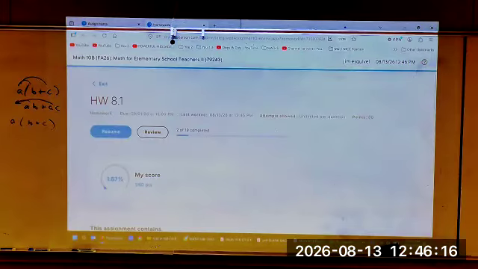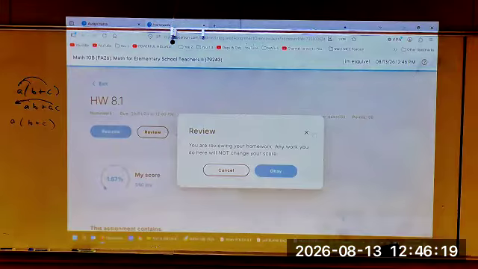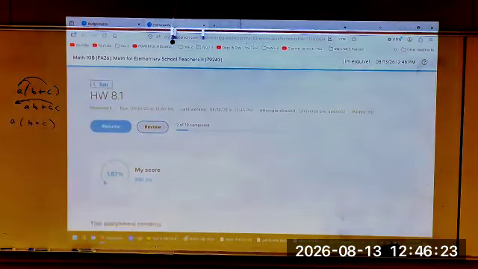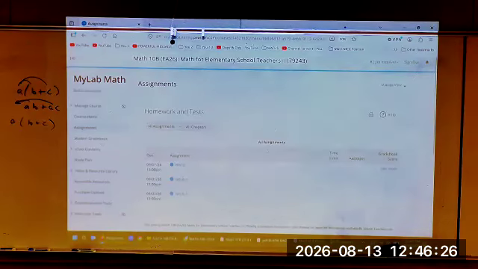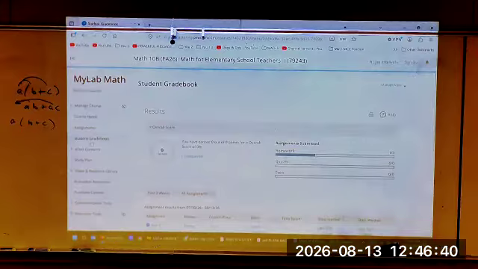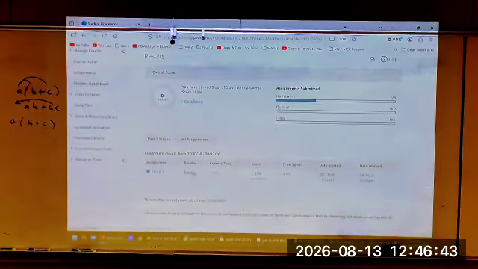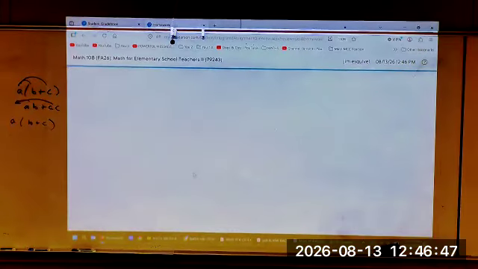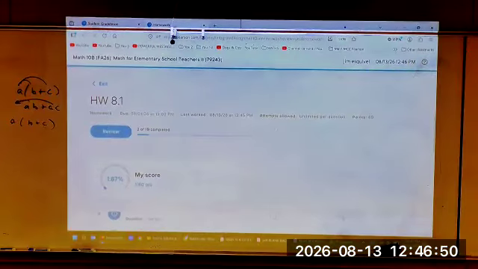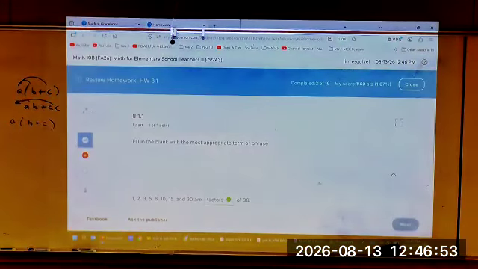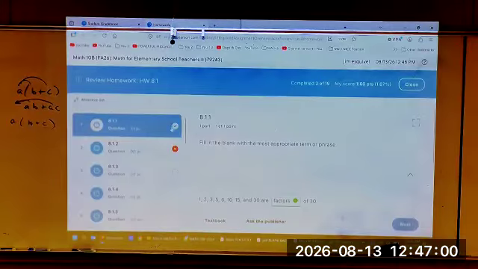What do you see? Over here we have one that has a check mark on it, so we got it correct, and right here the one with the red X is incorrect.